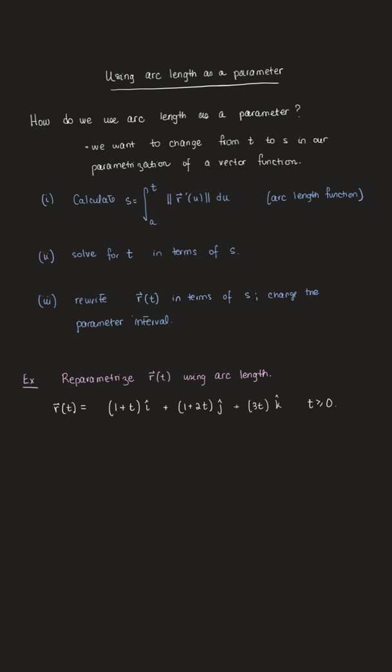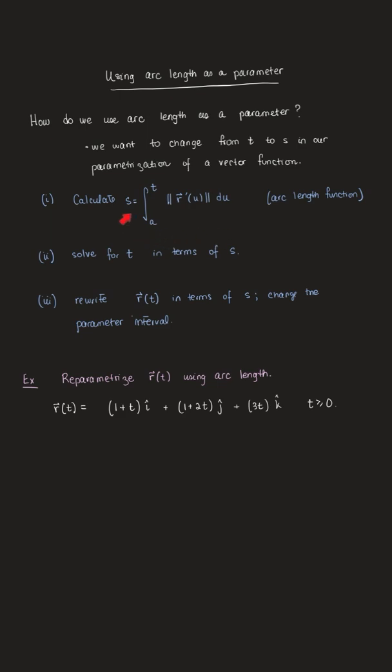So here's how we're going to do it. The first thing we're going to do is calculate our arc length function. I've given here the formula for it. It accumulates arc length as we increase the values of t. Once we have that function, we're going to solve for t in terms of s. The integral will be an expression in terms of t.